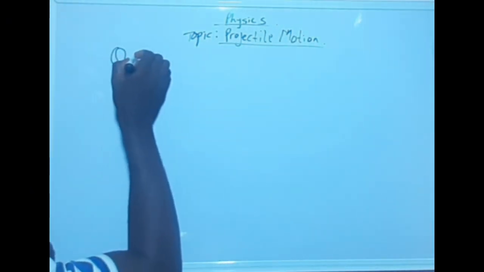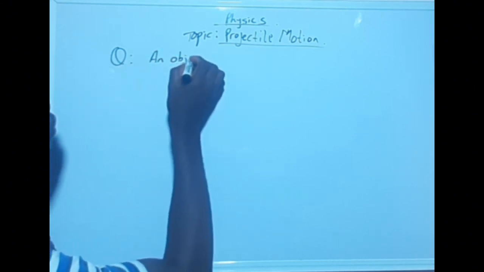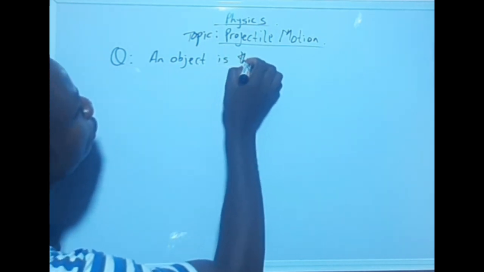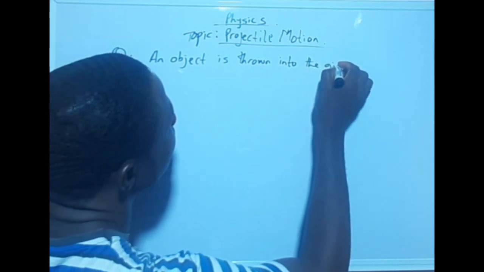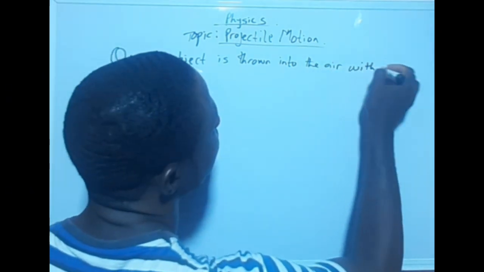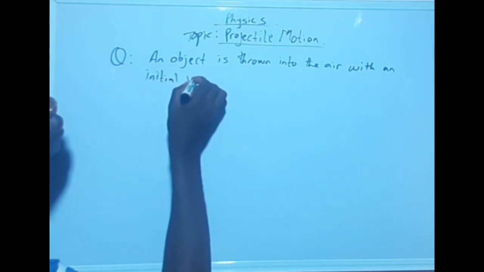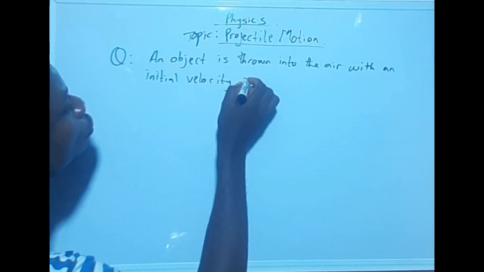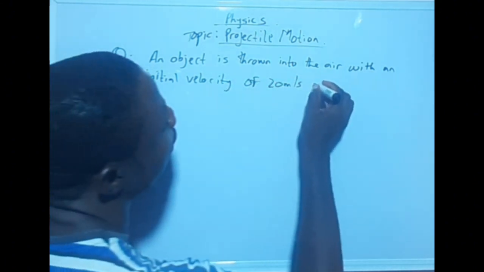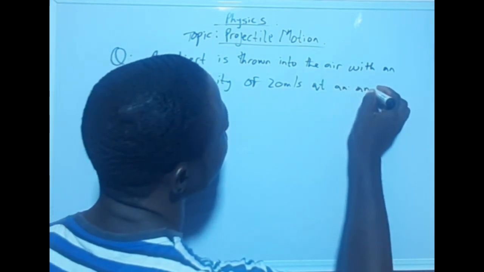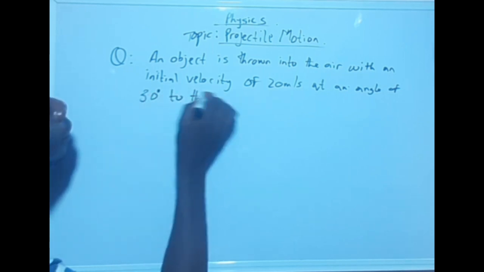The question is, an object is thrown into the air with an initial velocity 20 meters per second at an angle of 30 degrees to the horizontal.